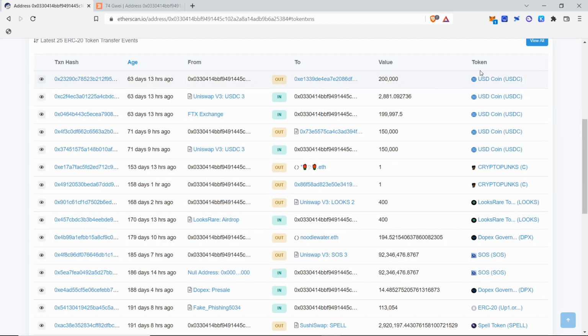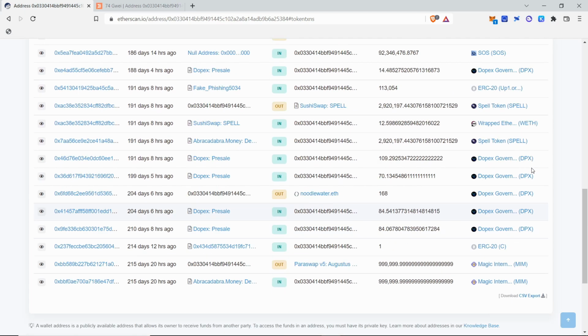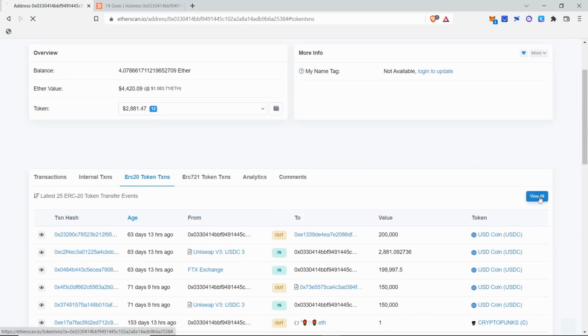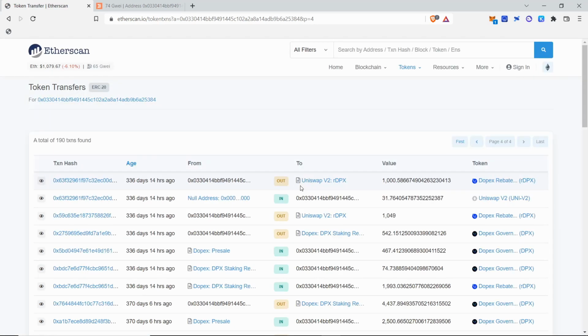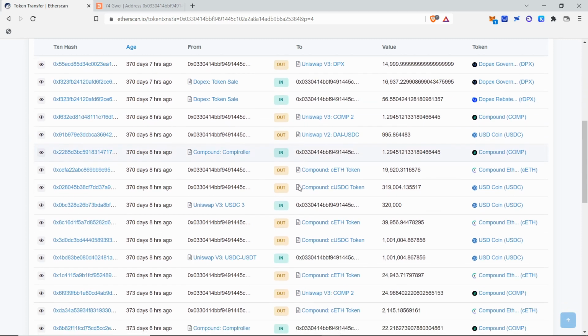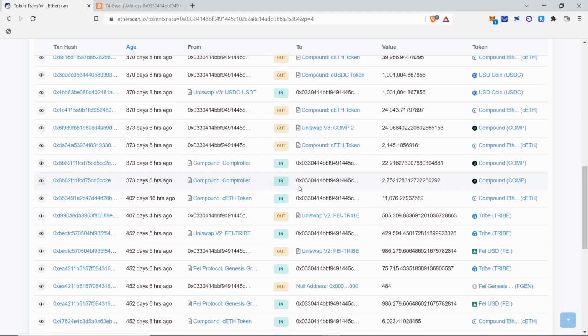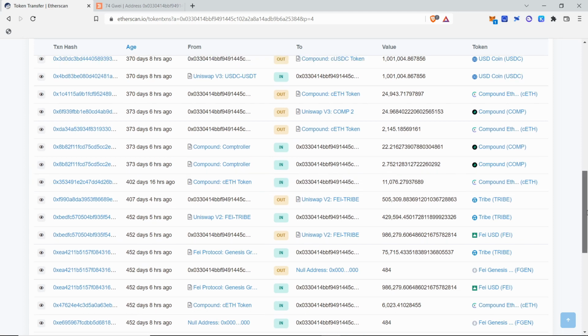Here you can see all their buys, all their sells, and when they did it. Look through this, see what they bought, when they bought it, and whether they were right more often than they were wrong, and whether they had success in finding really good tokens early on. And if it did, this is a wallet you want to follow.